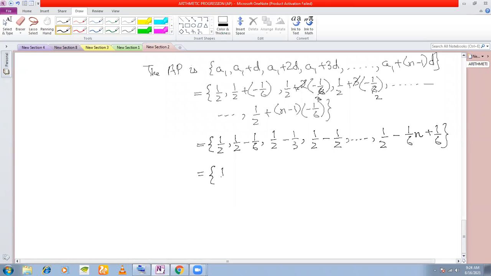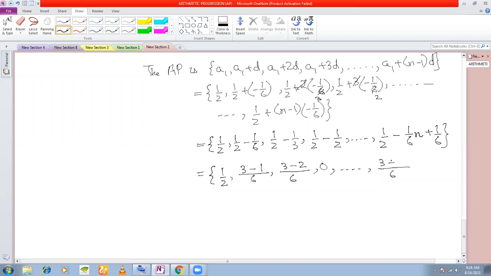So you get half, and if you take the LCM here, you take the LCM here also, half minus 1/3. This is 0, half minus half. And here, half plus 1/6, you take the LCM, 6.